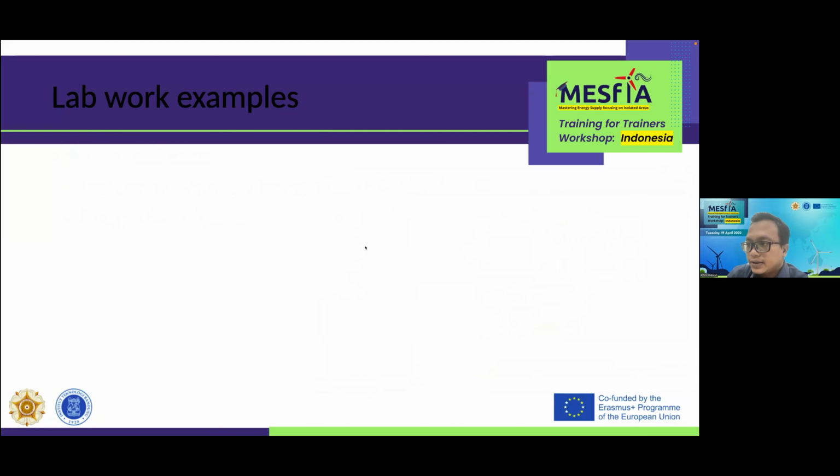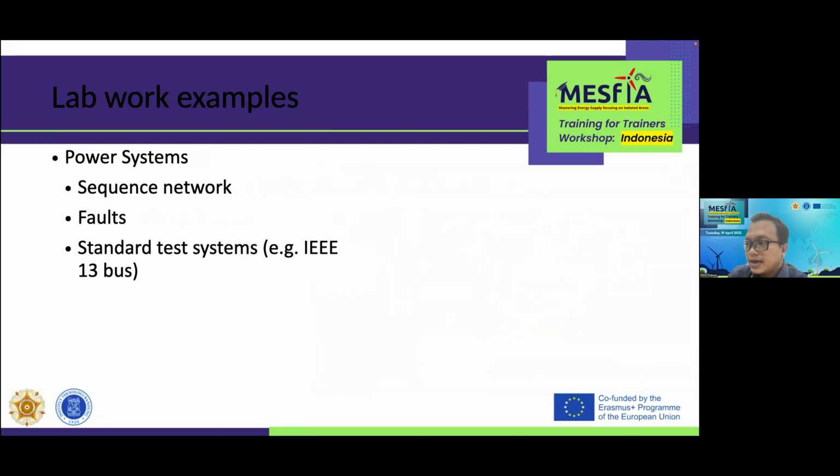And then for the grid side or the power system side, because this is an EMT, all the phases are there. So we can have an explanation or simulation regarding the sequence network when we have different kinds of faults, like the three-phase fault, single line to ground fault, line to line to ground fault.